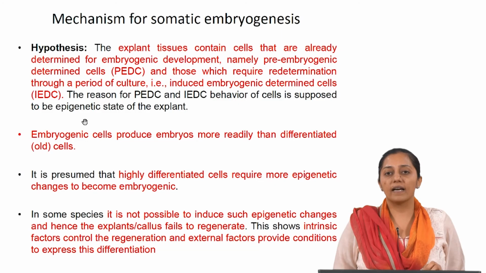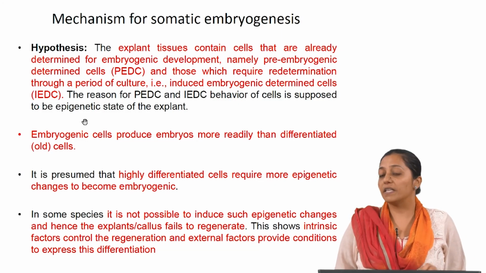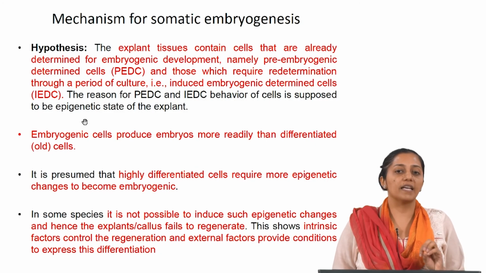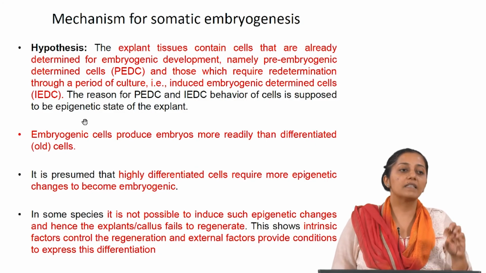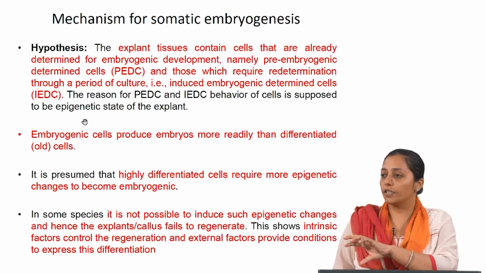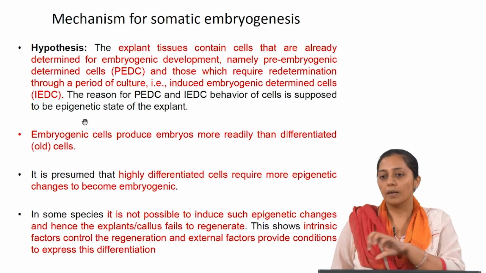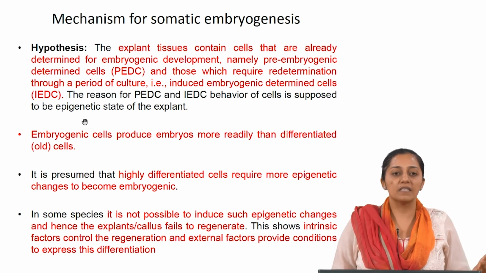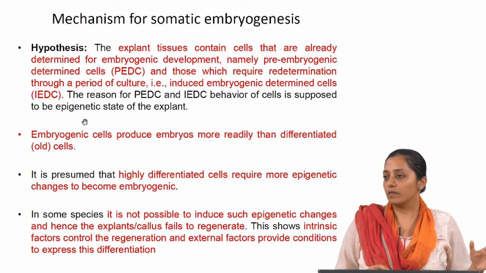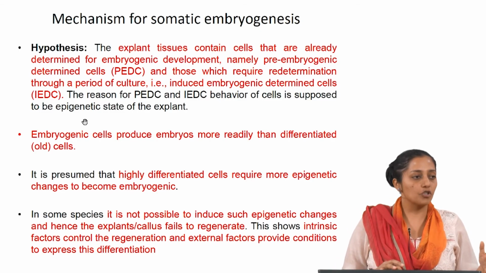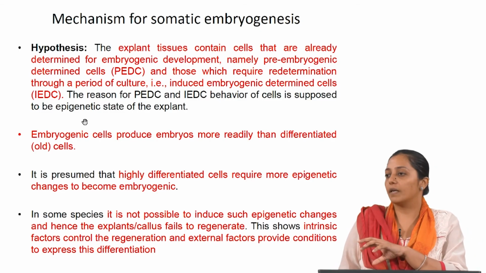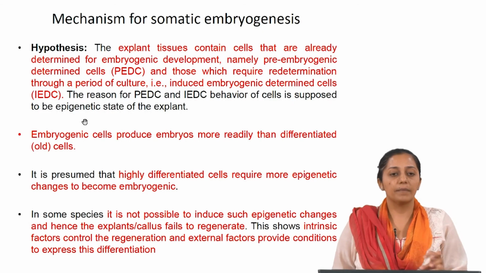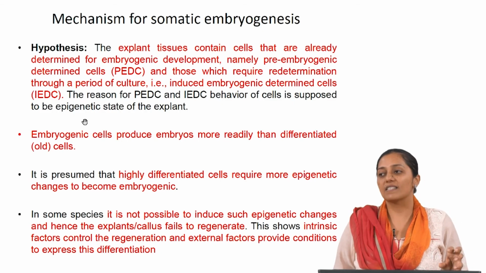Others require redetermination through a period of culture, which means induced embryogenic determined cells. They can be brought into the somatic embryogenic stage, but after reprogramming, which means keeping them under the right stimuli so as to induce them into somatic embryogenesis, which means that it will take much longer time.